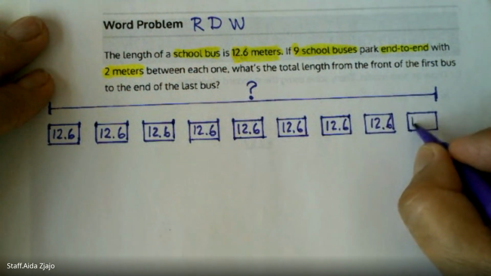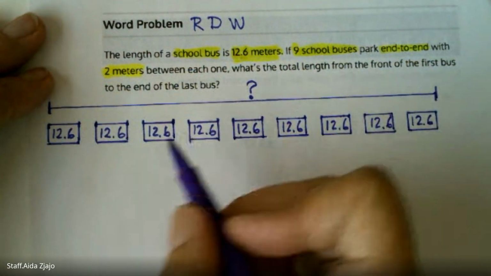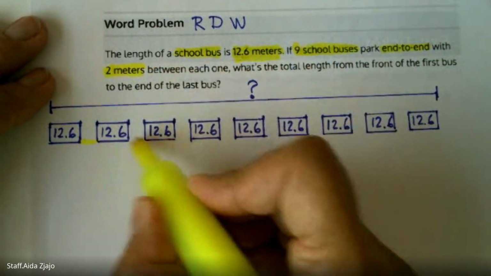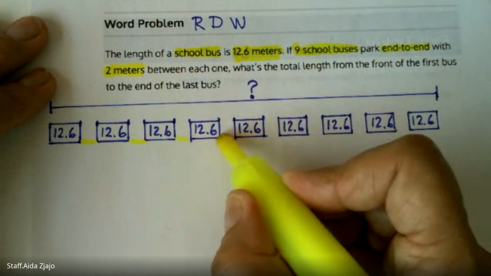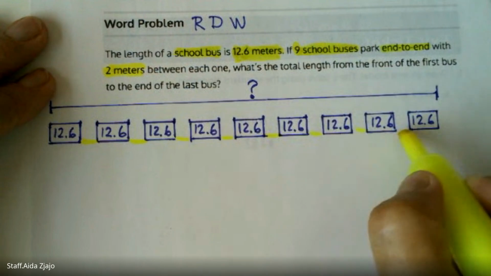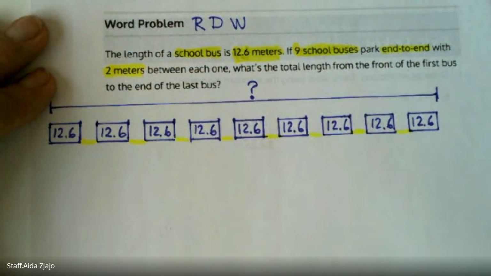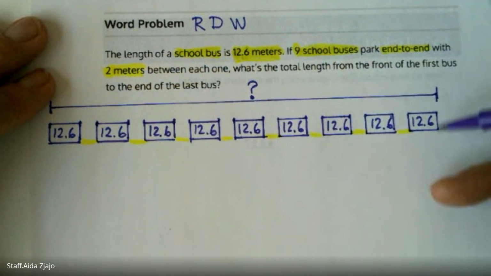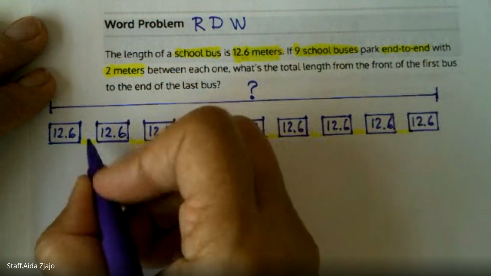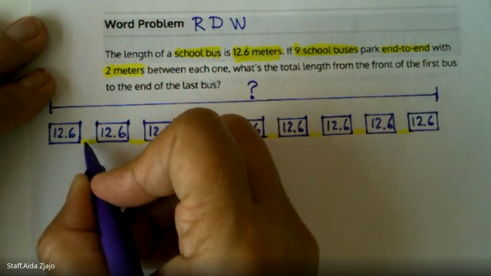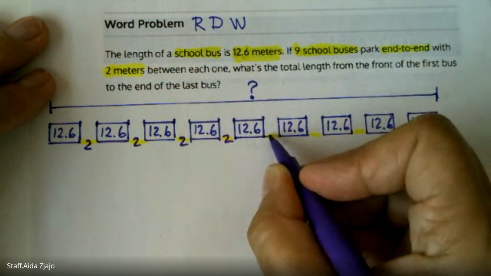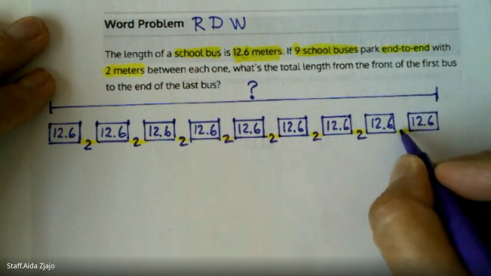And in between there are 1, 2, 3, 4, 5, 6, 7, 8 spaces of 2 meters between buses. It's not 9 because we don't need to count this one, correct? So we can count 2, 4, 6, 8, 10, 12, 14, 16.